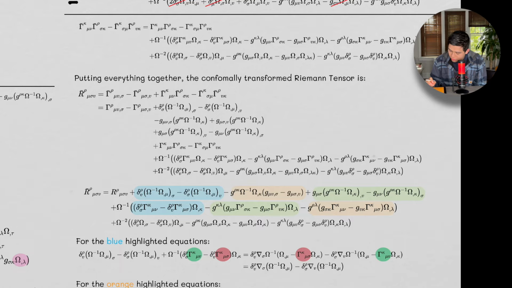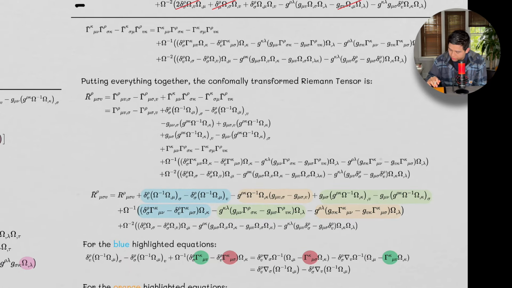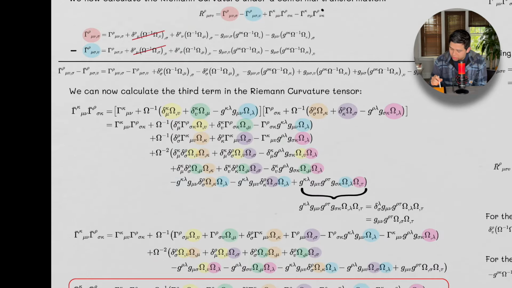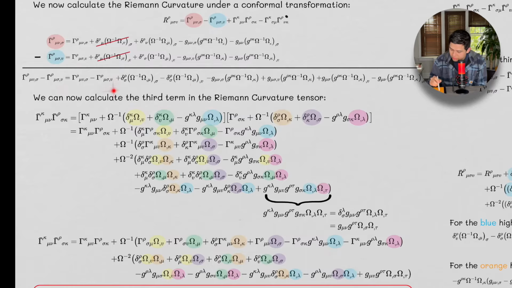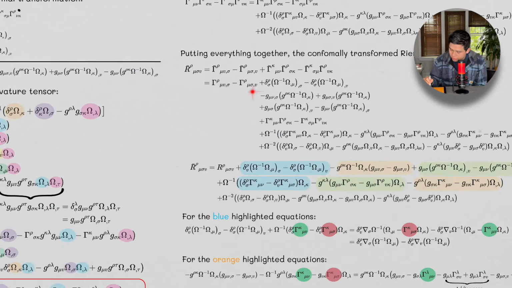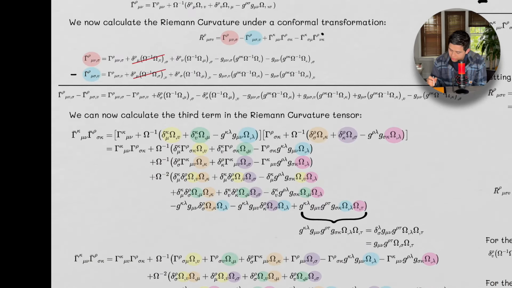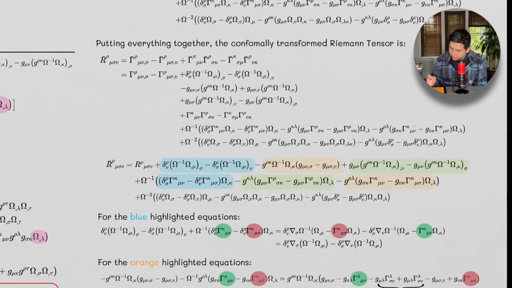So what you can do is pause the video here, but essentially what I'm doing is taking all of this. These two terms are these two first terms right here, and then you can see all of these where we have the inverse of the transformation, and they're all right here.